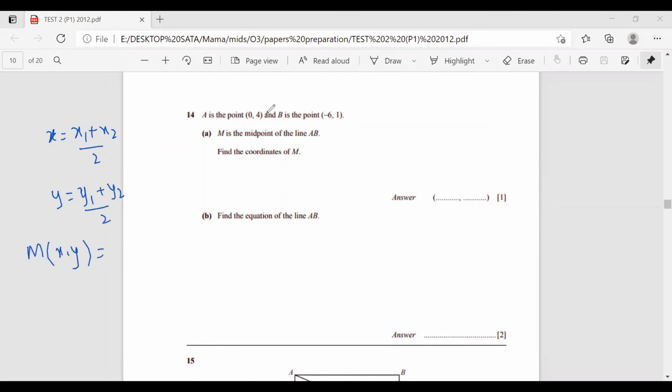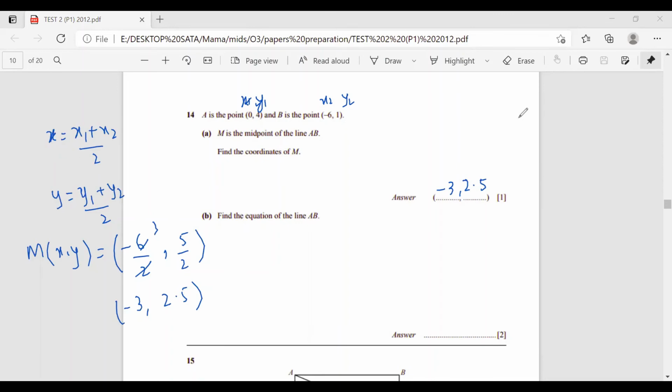These are the values x1, y1, x2, y2. x1 plus x2, that means 0 minus 6 will give me minus 6 on 2, comma, for y. y1 plus y2, that is 4 plus 1 will give me 5 by 2. So after cancellation, I'll get minus 3, comma, 2.5. So my midpoint values are minus 3, comma, 2.5. Clear?